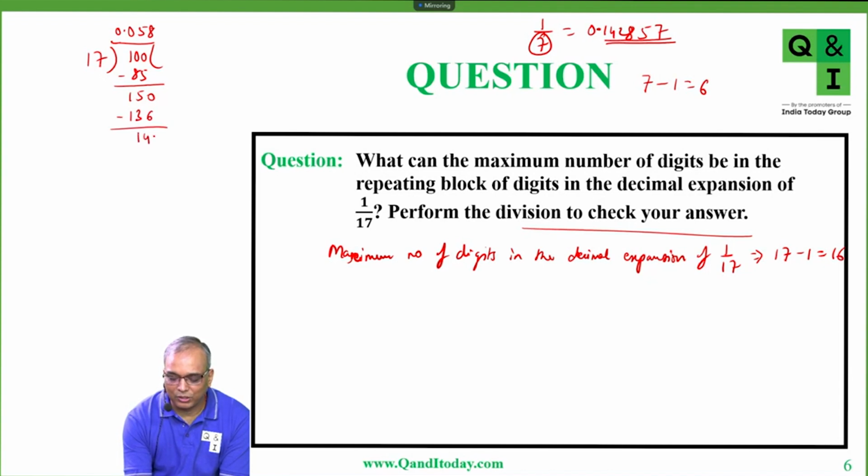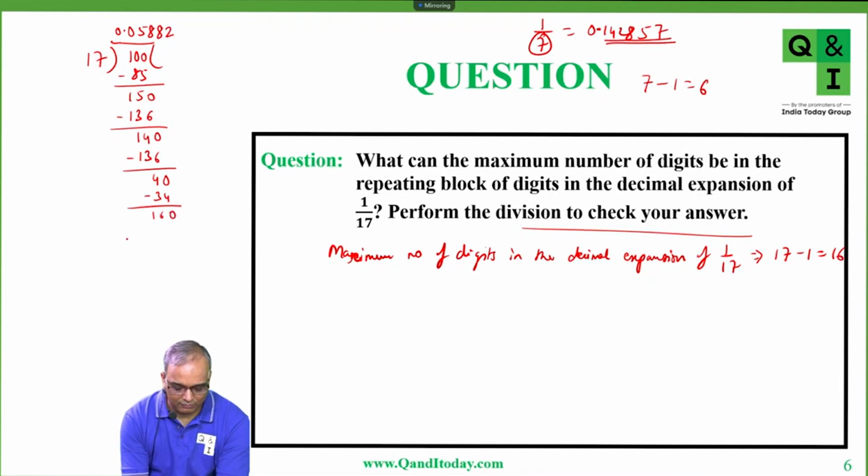So you will have 14 here, 140. 17 times 8 is again 136. You will have 4 here, 40. 17 times 2 is 34. You will have 16 here, 160. Sorry, 60.